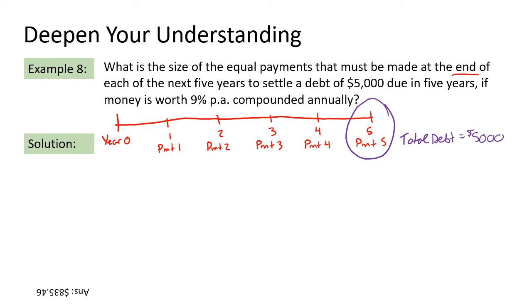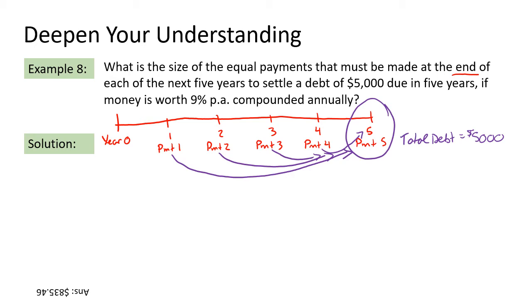So that means each of these payments has to be translated to a future value. Okay? The only exception being our final payment doesn't have a future value, right? Because it's paid at the exact same time. So it's already at the same time frame as the $5,000.